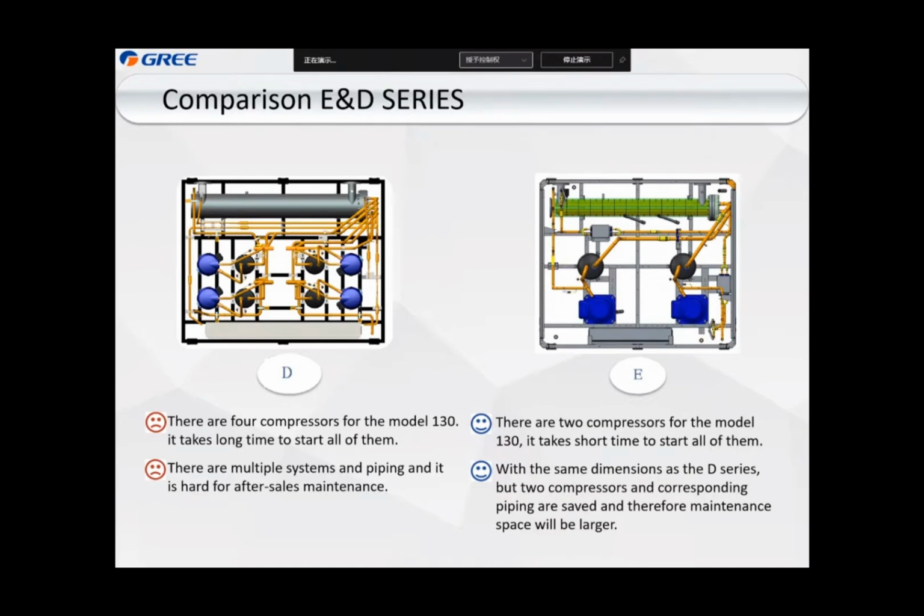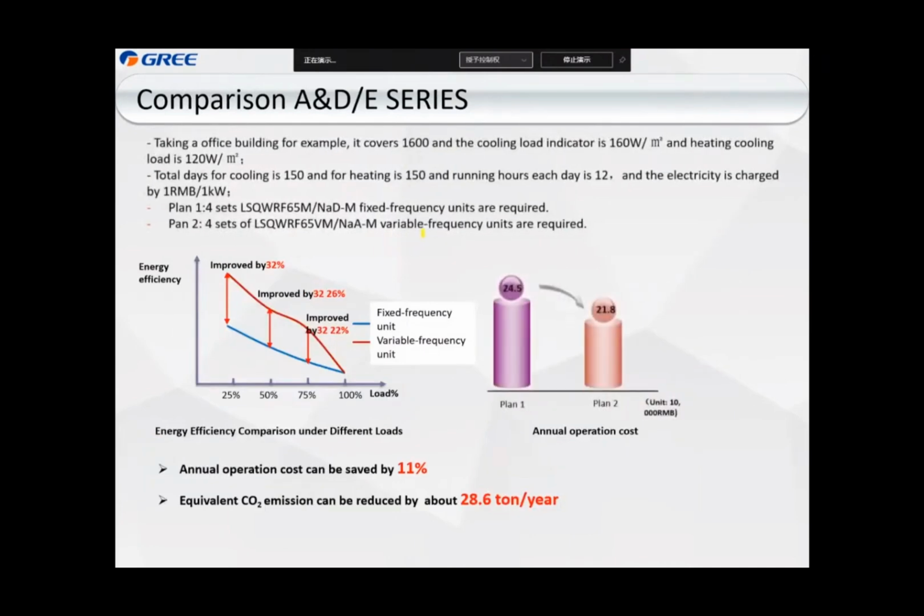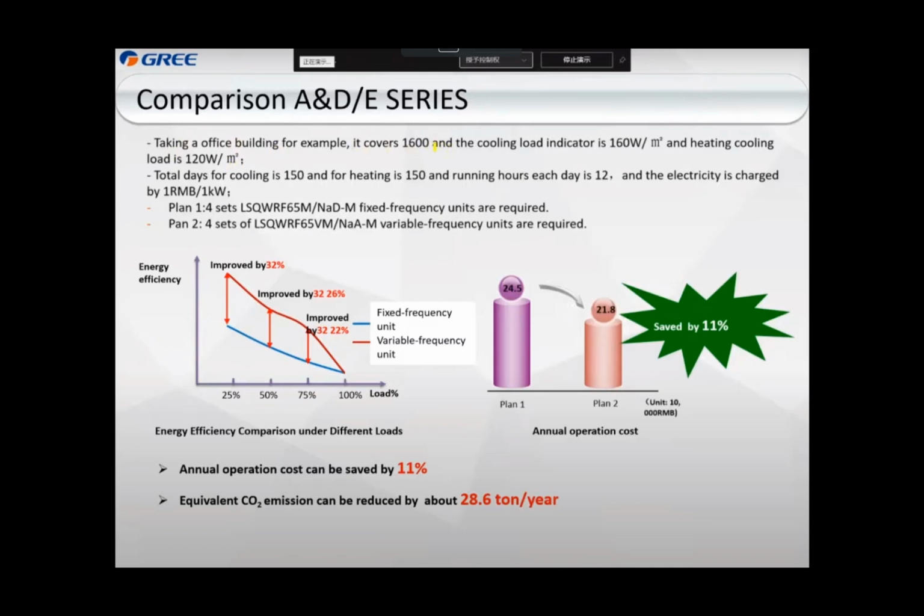And next, we make a comparison from the energy side: A, D and E. A is the inverter. D and E are fixed frequency. In this case we make a comparison, taking an office building as an example. It covers 1,600 square meters and the cooling load indicator is 160 watt per square meter.